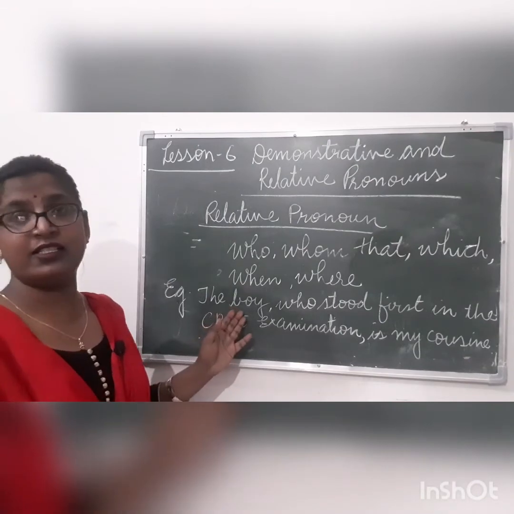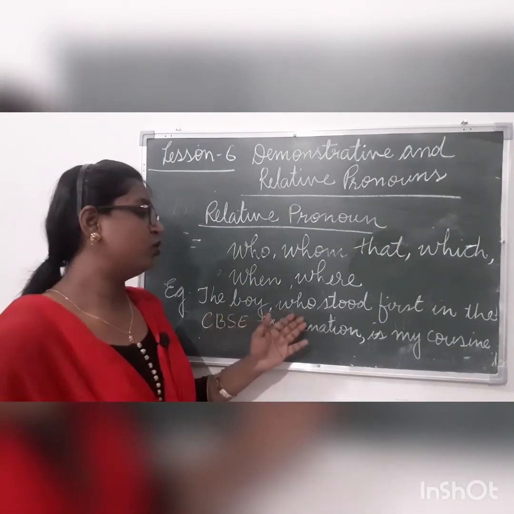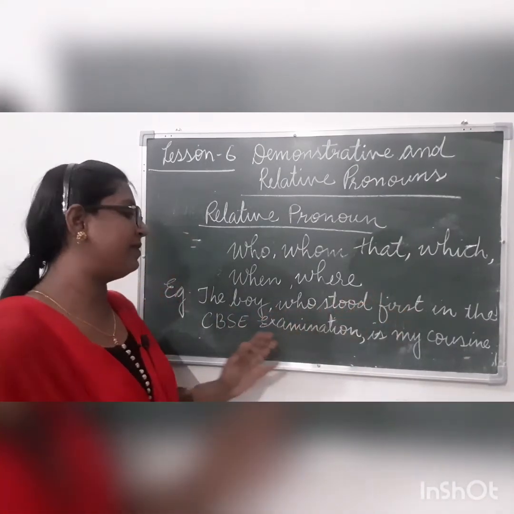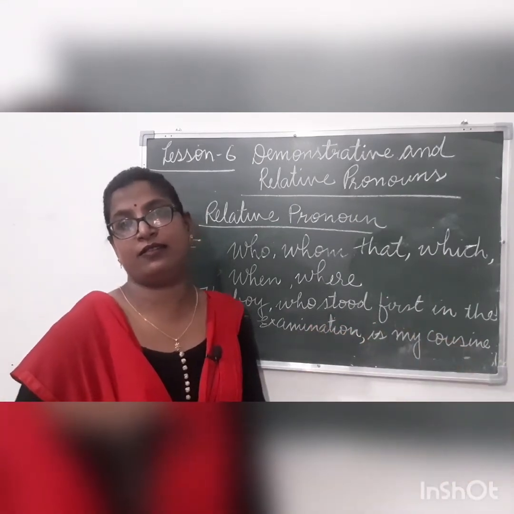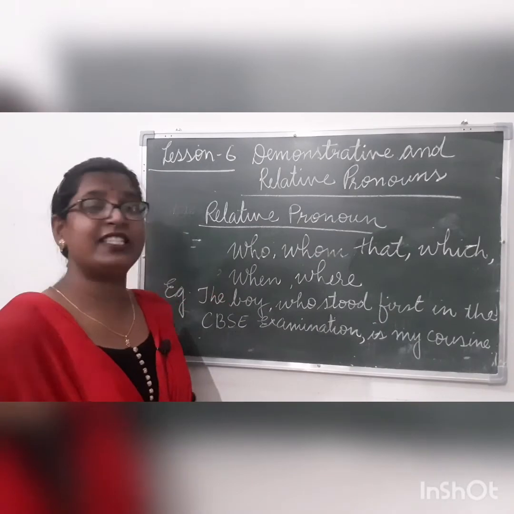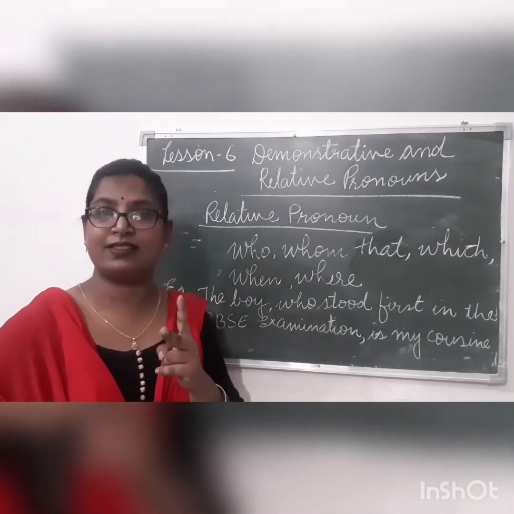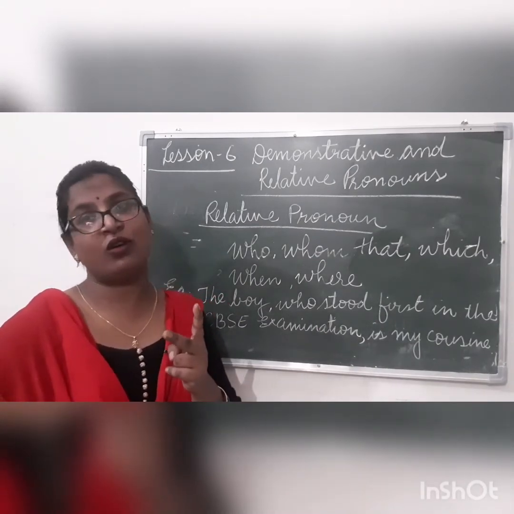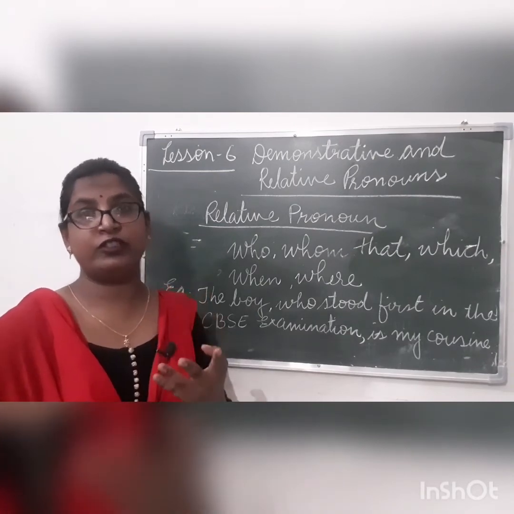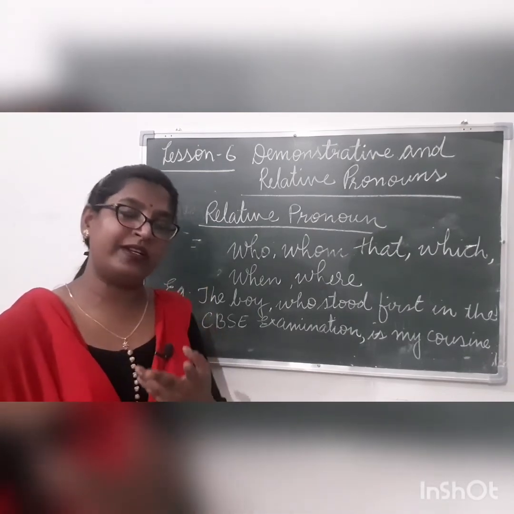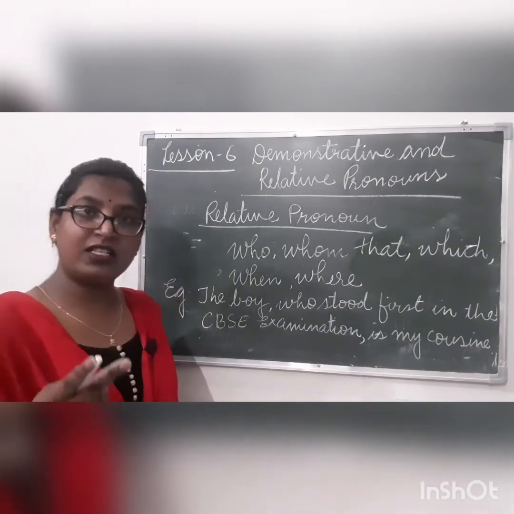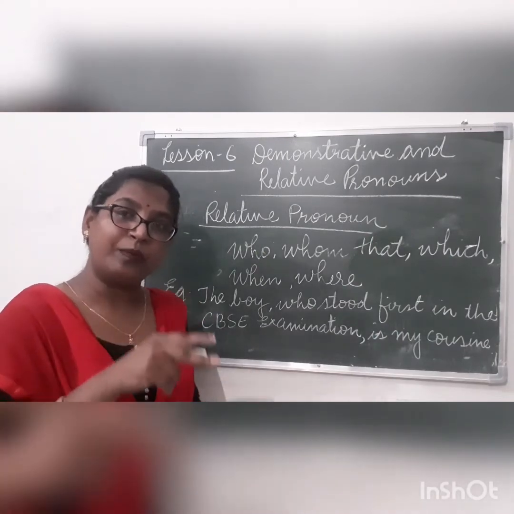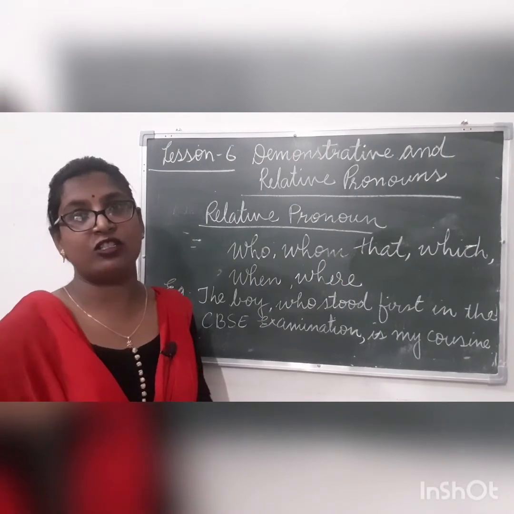Let us see this example. The boy who stood first in the CBSE examination is my cousin. Here we can see two clauses. We know a clause is a group of words which has a subject and predicate and a verb in it. Now clauses are of two types, the main clause and the dependent clause.